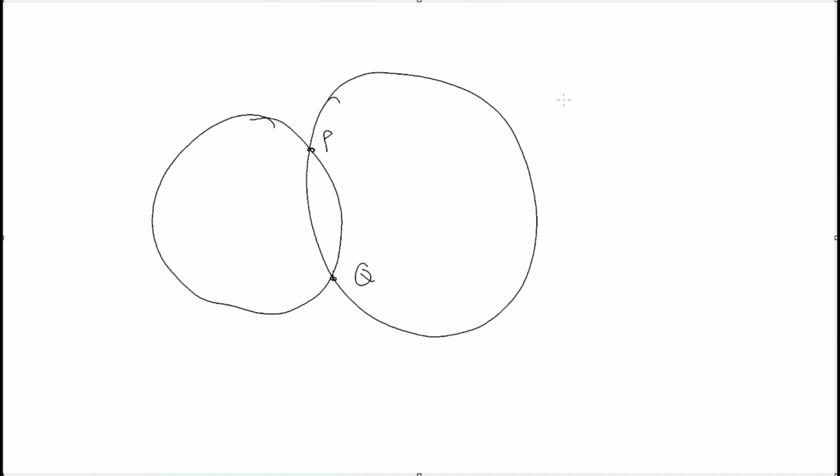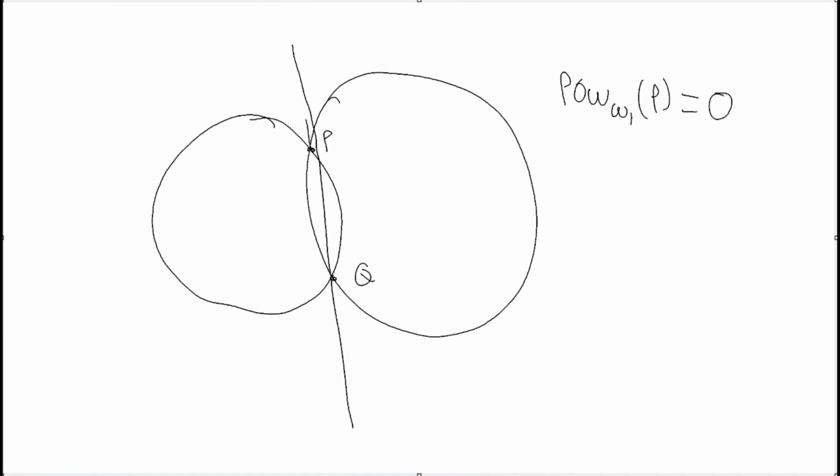Because we know that the power with respect to the first circle of P is equal to 0. And the same holds for the second circle, because P lies on the circle. Therefore, P lies on the radical axis, and so does Q, which means that this line here is exactly the radical axis.